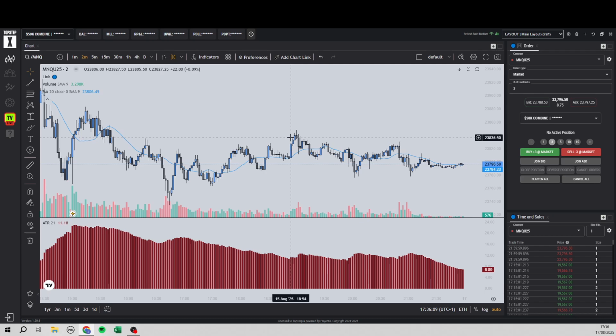There's more of a chance of getting filled and taking profit if you have a certain number of points that you're trying to aim for in a trade.